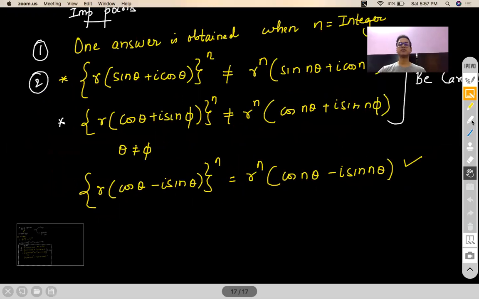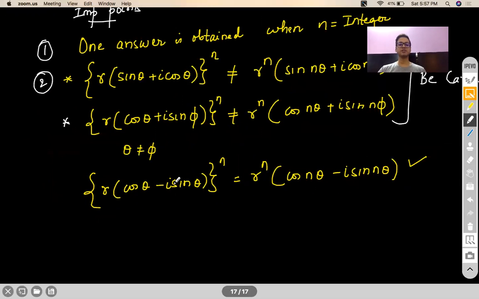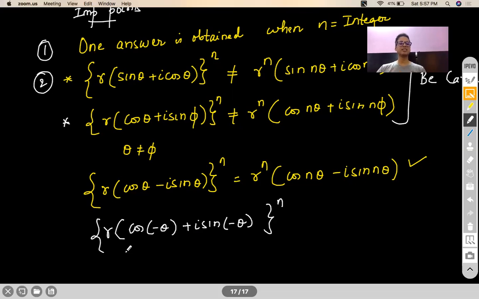If you're putting a minus sign over here, this itself is saying you're doing cos of minus theta plus i sin of minus theta. Correct? So this itself is like saying r cos theta plus i sin theta whole raised to the power minus 1, and then again whole raised to the power this.